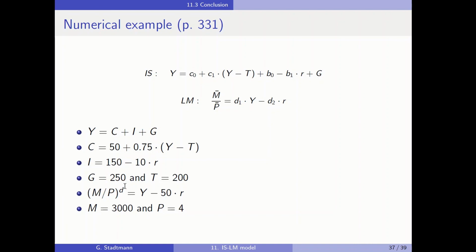Government spending is exogenous, equal to 250, and taxes are equal to 200. So we have specified all the information of the IS relationship.